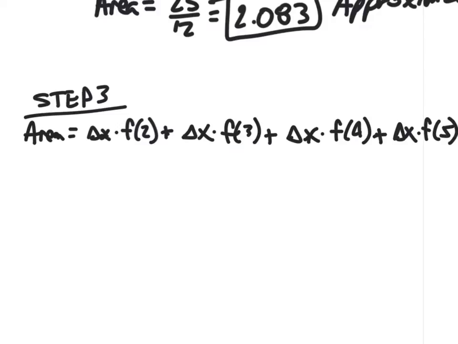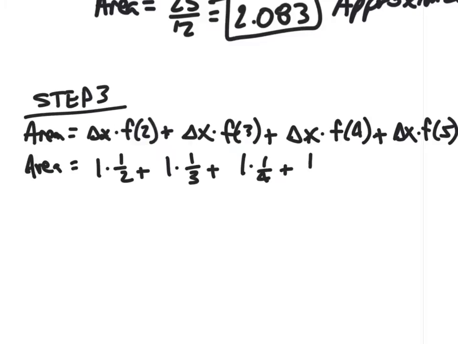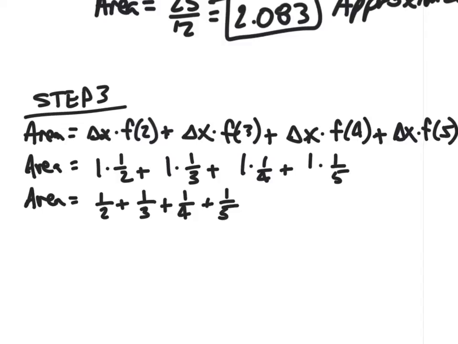Okay? So now let's substitute what we have in. I know delta x is 1, so 1 times a half plus 1 times a third plus 1 times a fourth plus 1 times a fifth. So then our area is a half plus a third plus 1/4 plus 1/5.